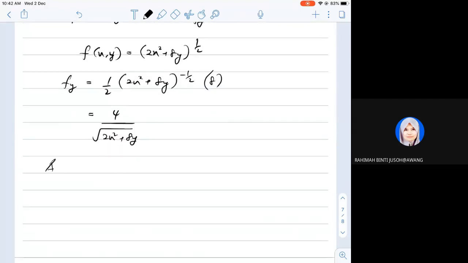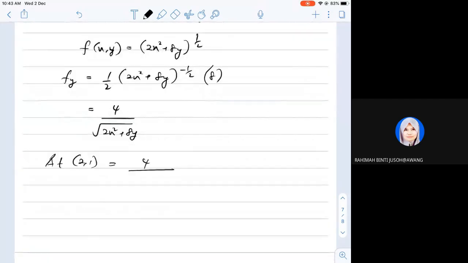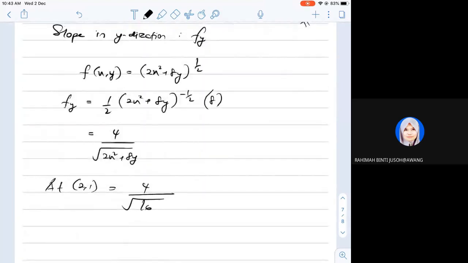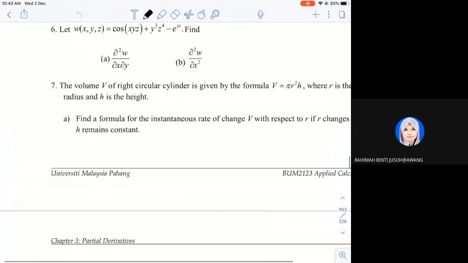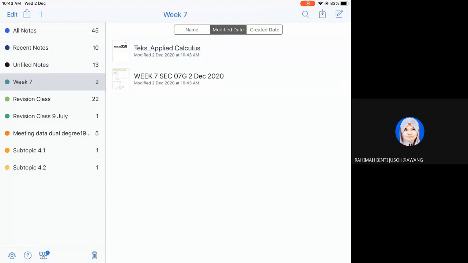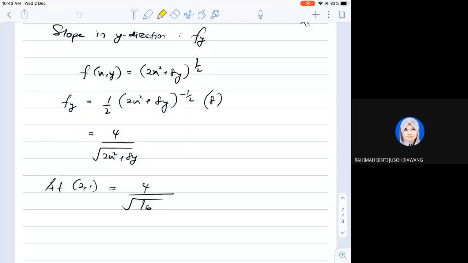Okay, and then substitute the coordinate of 2 and 1. We have 4 over square root, substitute the value 16 from just now. Oh, the answer is the same. Let me check the answer. Yeah, the same answer. Okay, never mind. So yes, we will get equals to 1. That's it.